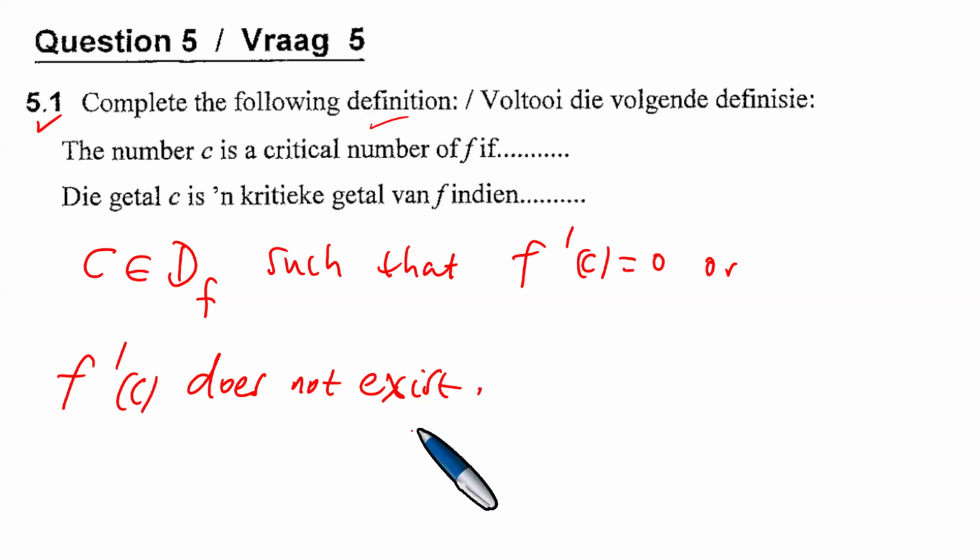So the number C is a critical number of F if C is an element of the domain of F such that F prime of C is 0, or F prime of C does not exist.